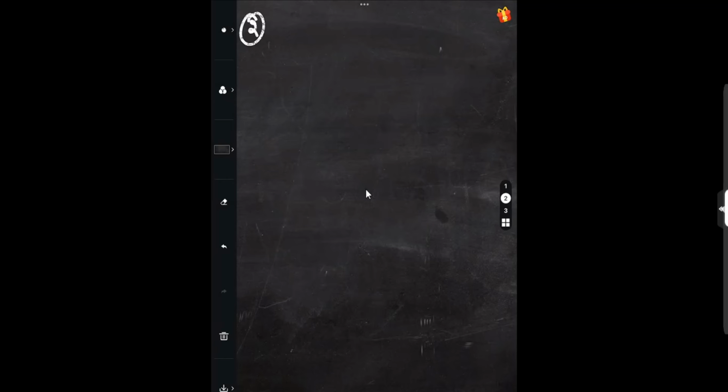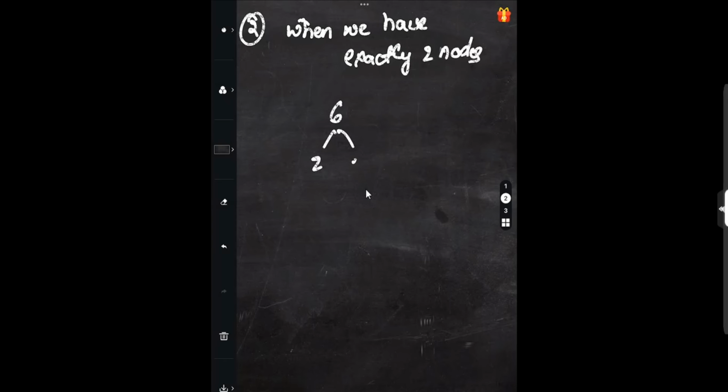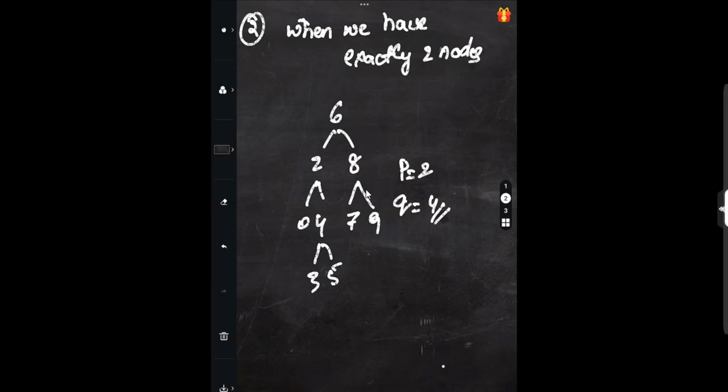So let's move on with the next edge case, when we have only 2 nodes, right? Let me consider the same example here, with exactly 2 nodes. Let's consider the same thing here: 7 and 9, and 3 and 5. So P will be 2 and Q will be, suppose, 4, the second one.